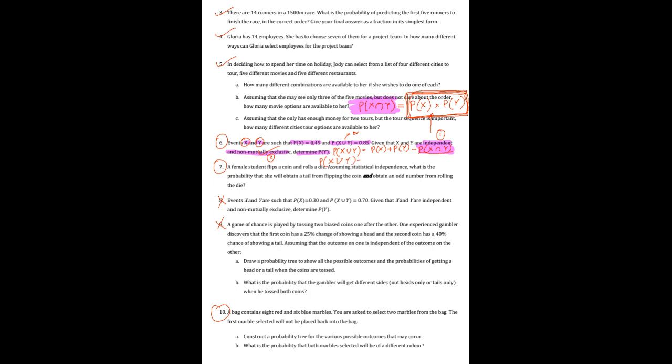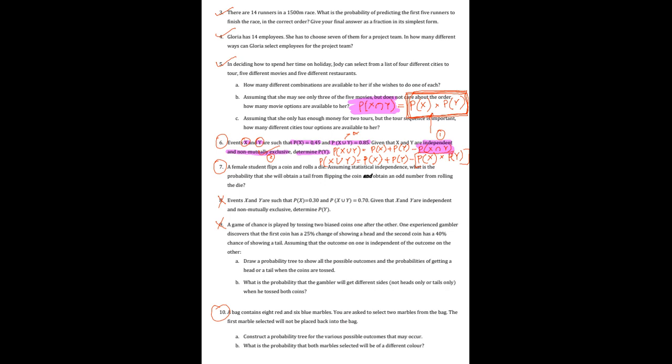So it's the probability of X or Y is equal to the probability of X plus the probability of Y minus the probability of X times the probability of Y. So now we've basically incorporated one formula into the other, and we took care of both the fact that they mentioned it is independent and that they are non-mutually exclusive.